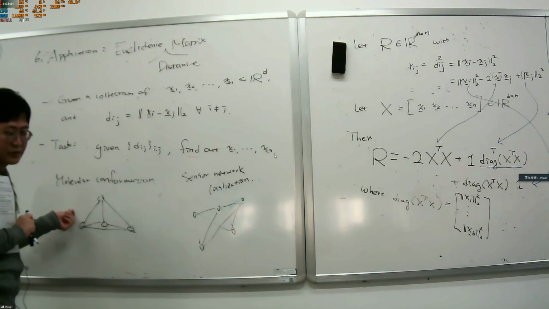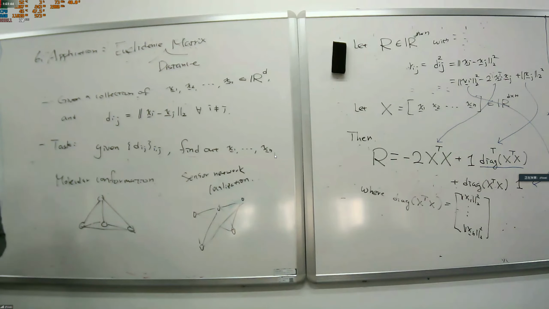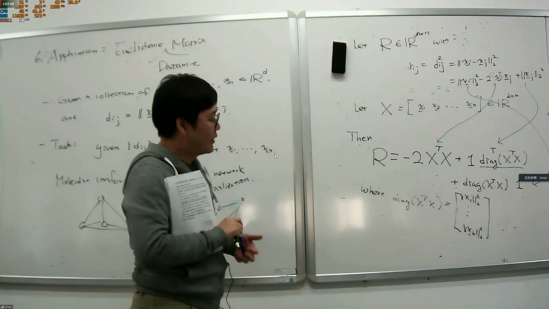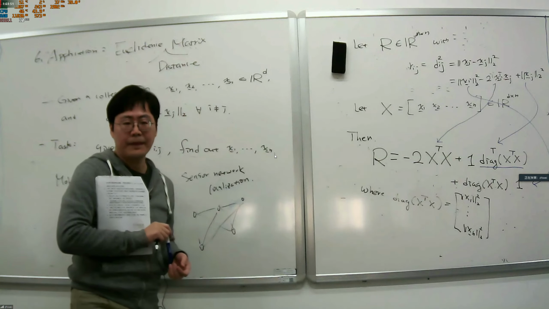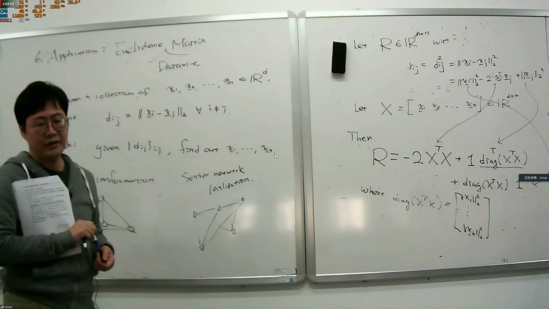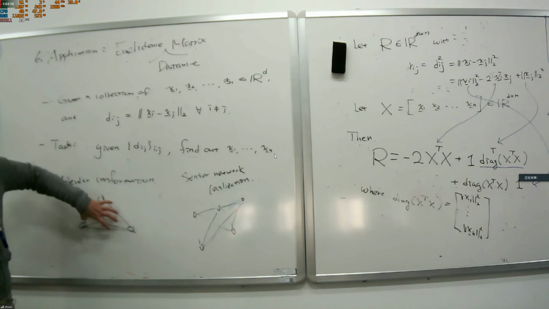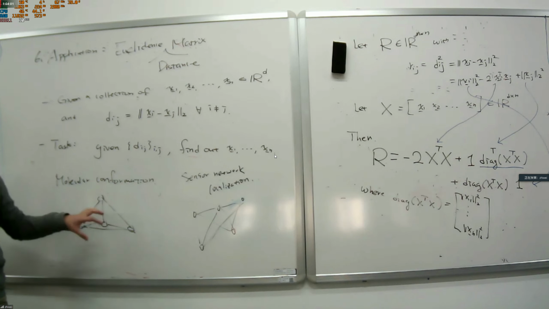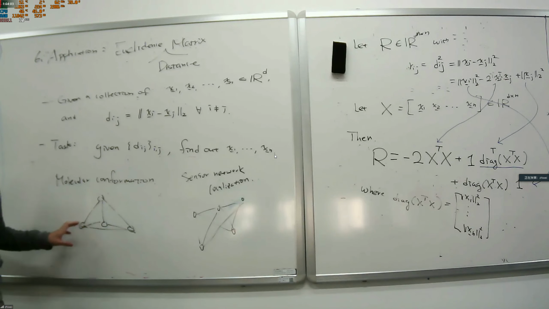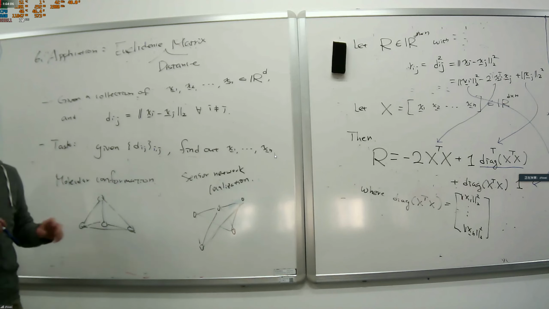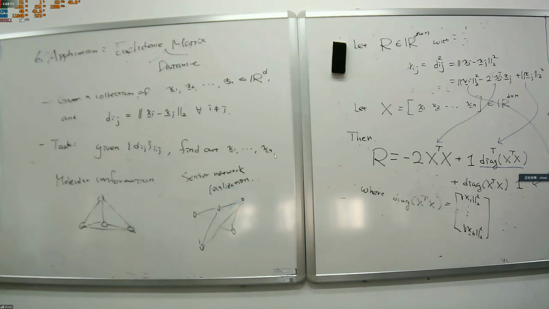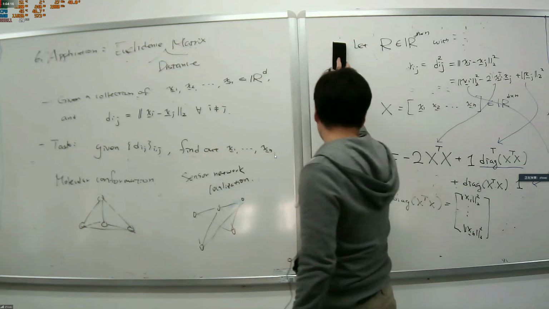Then when I talk about these two applications, you should come up with the question that obviously we cannot uniquely find out X. Because even if you rotate it, the distance is still the same. You can shift it, and the distance between points is still the same. So you see, the problem itself has ambiguity up to rotation and shift.